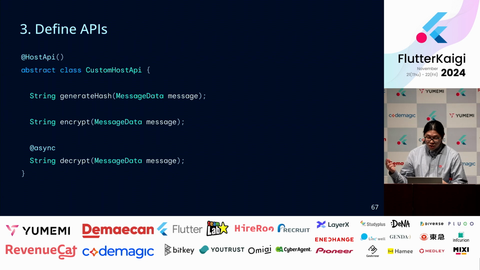As you can see, Pigeon does not provide the detailed implementation for each method. It simply generates boilerplate code, and therefore we need to write the code to implement the functionalities of each method ourselves. If asynchronous processing is required on the native side, you will use the async annotation.